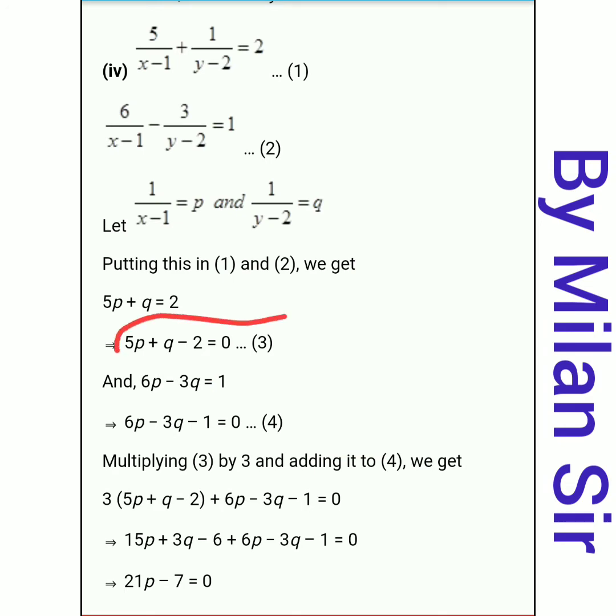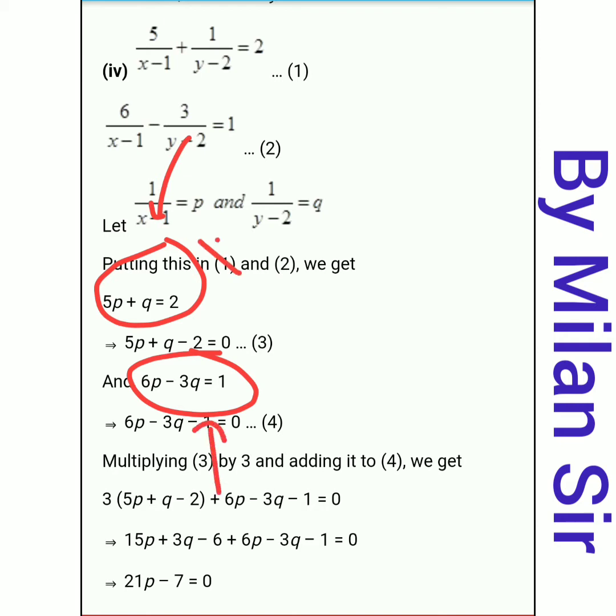Now in equation 3 and equation 4, right now I am going with the elimination method, for variable q, because in equation number 3 it is q and in equation number 4 it is 3q, so I need to multiply this equation by 3.